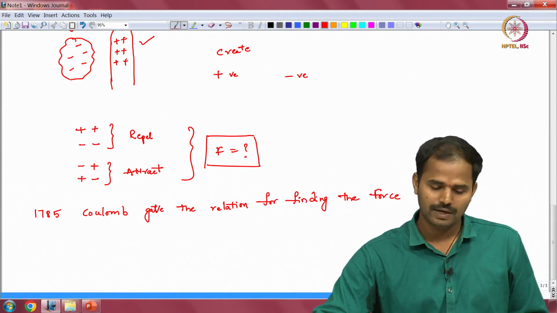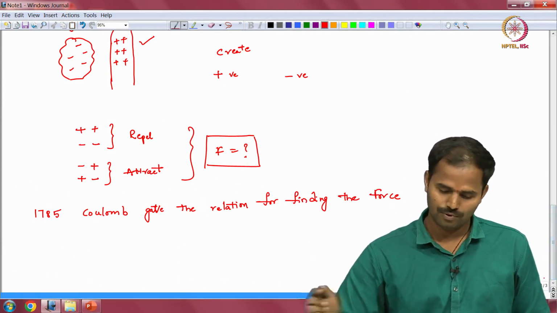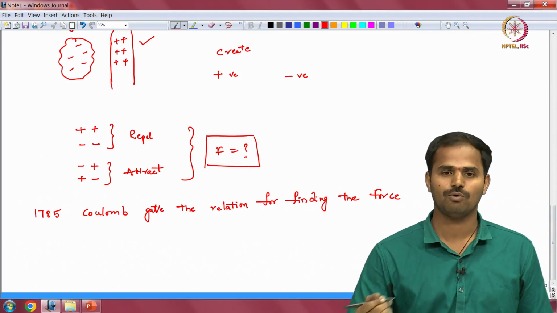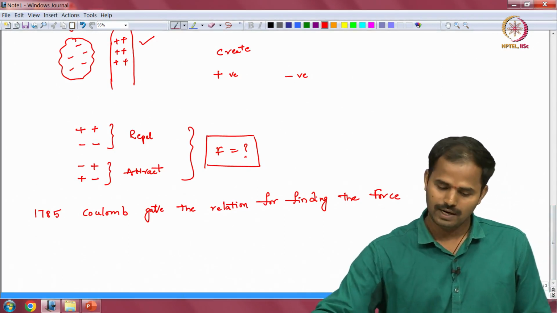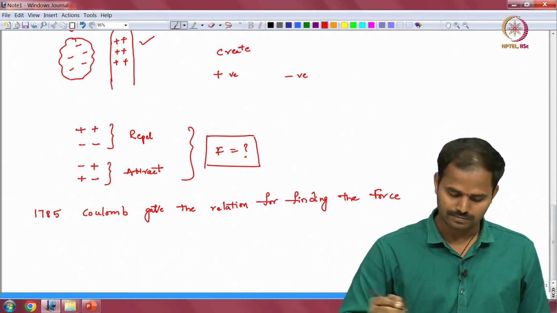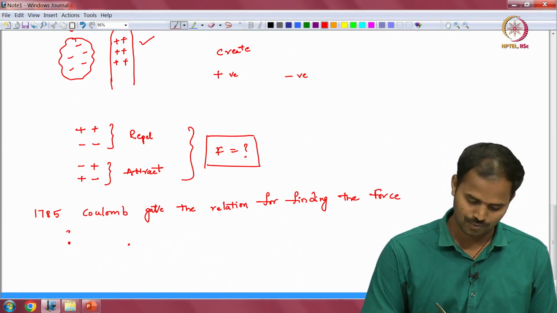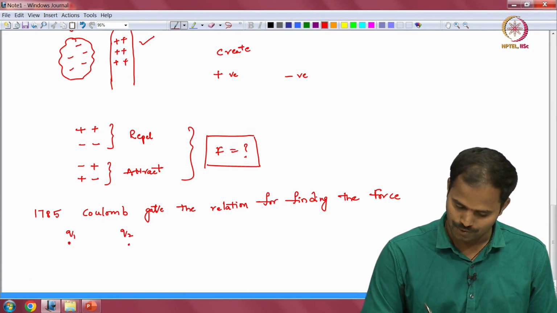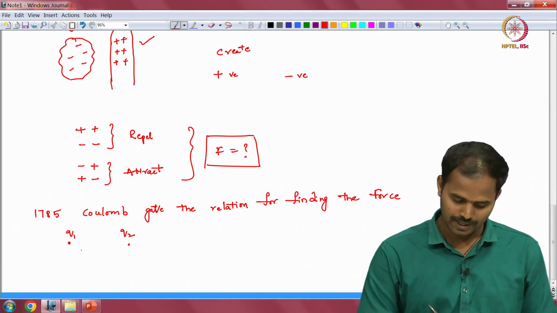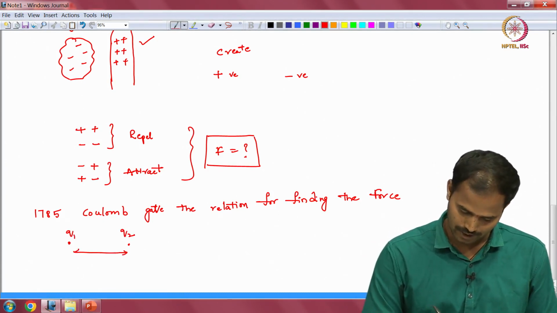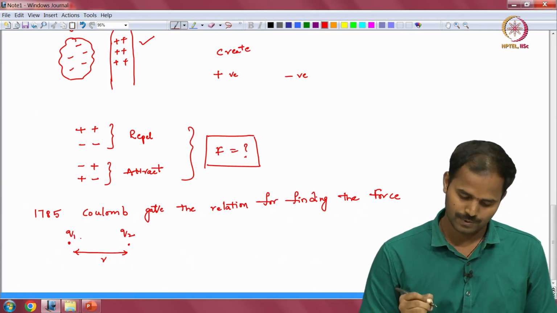Now we will see the force relation. Let us consider two charges, q1 and q2, separated by a distance r.